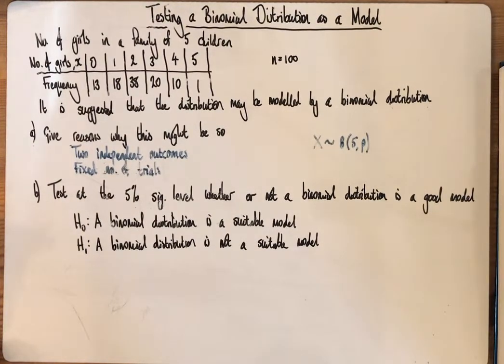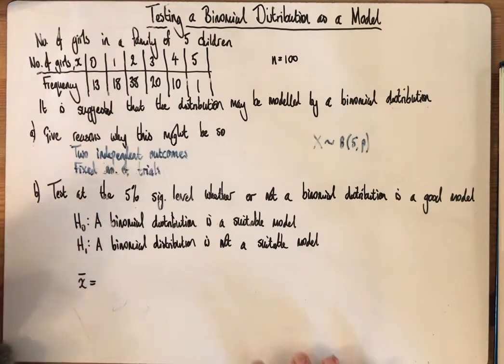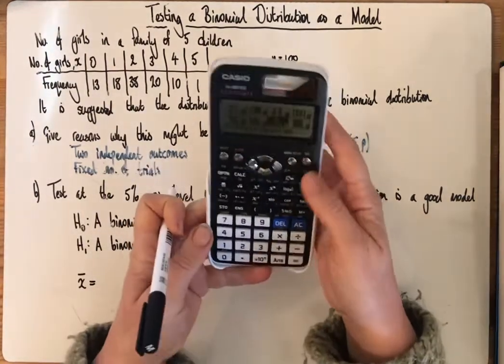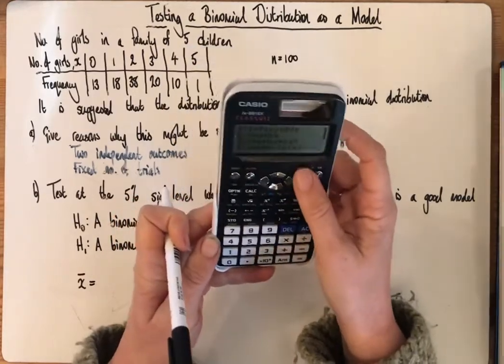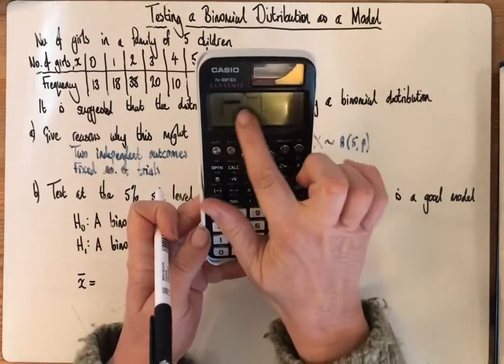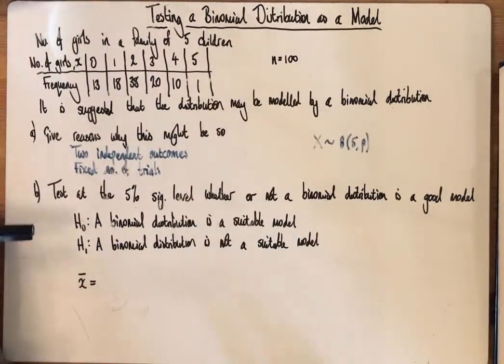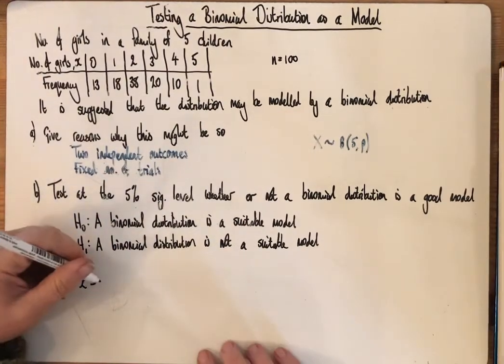So to estimate p from this table, we need to find the mean. And the easiest way to find the mean would just be to put the table in as a frequency table on your calculators by going to menu 6, 1 variable, and then you get your frequency table and you can just put your values in. And the mean comes out as being 1.99.